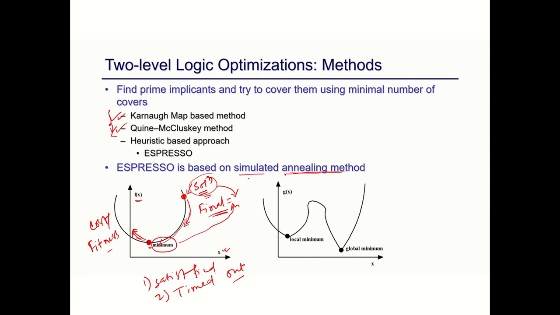What is simulated annealing again? It is just a little bit of change. We start from this particular position, and it is going in this direction. That means we do the perturbation, and the solution gives us some better fitness.